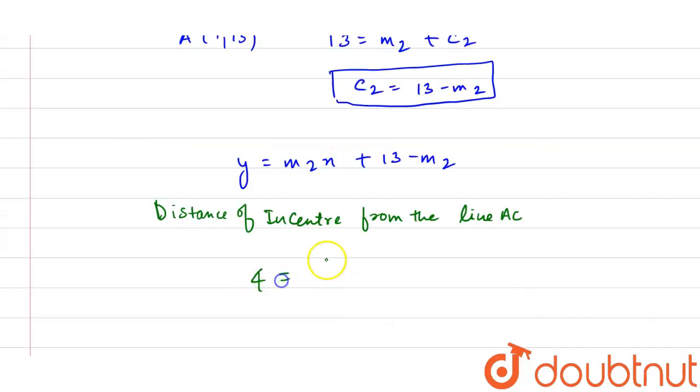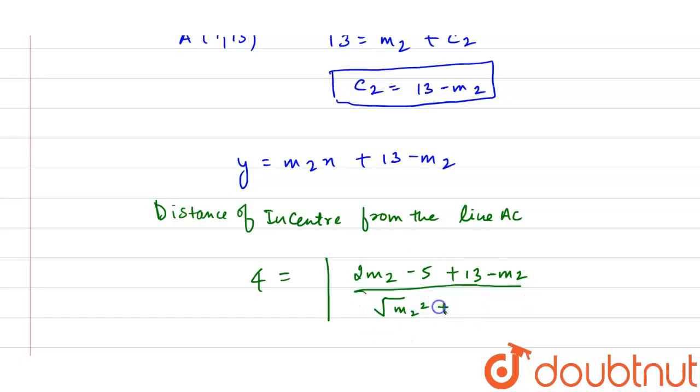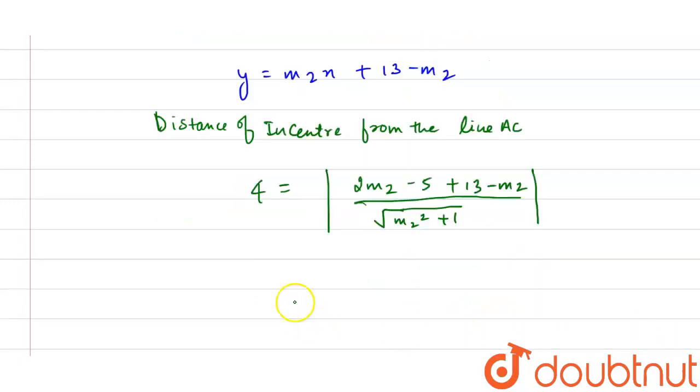So 4 is equal to the modulus of, if we put the value 2 comma 5, we get 2 m2 minus 5 plus 13 minus m2 divided by under root of m2 square plus 1 square, which is plus 1, and that is modulus. So this value 4 is equal to 2m2 minus m2, that is m2 plus 8 divided by under root 1 plus m2 square.